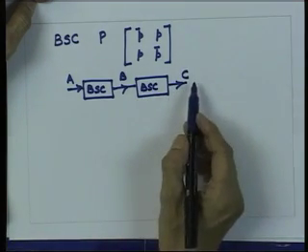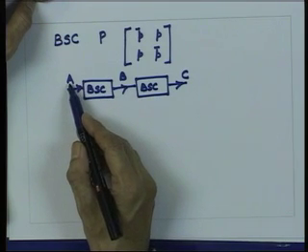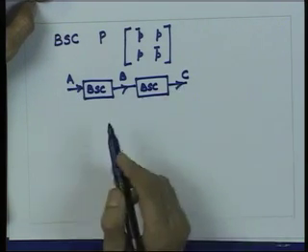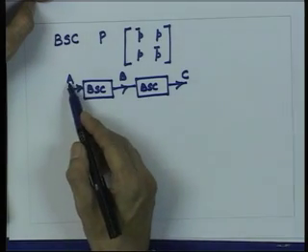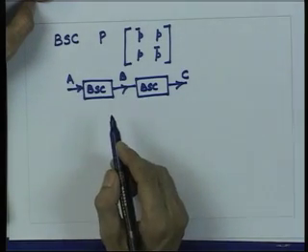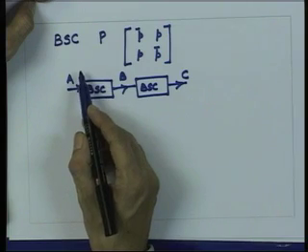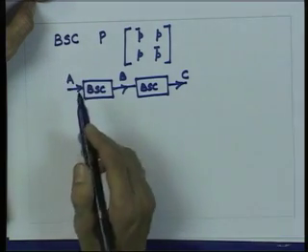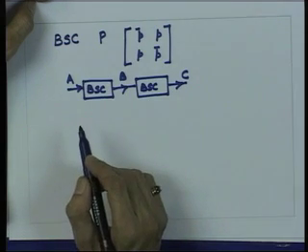Let us try to evaluate the mutual information between A and C and also between A and B. We will assume that the two possible inputs to the first binary symmetric channel are chosen with equal probability.